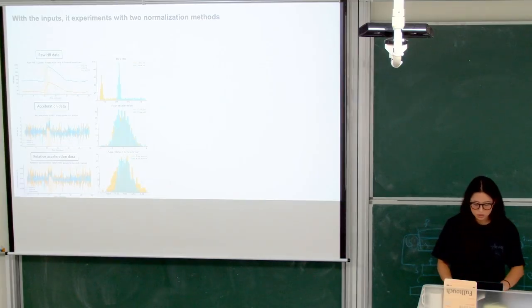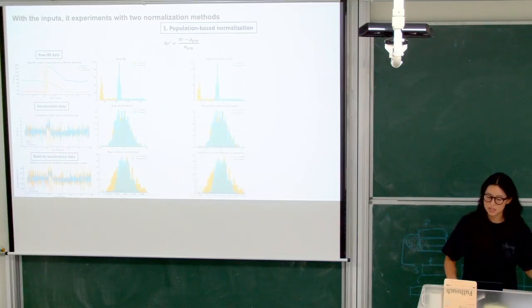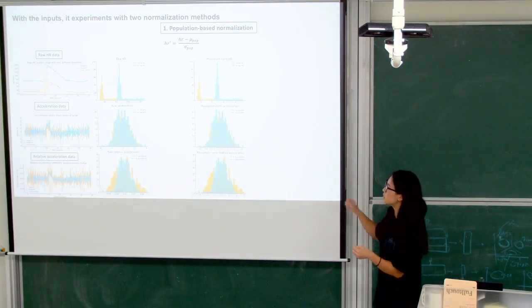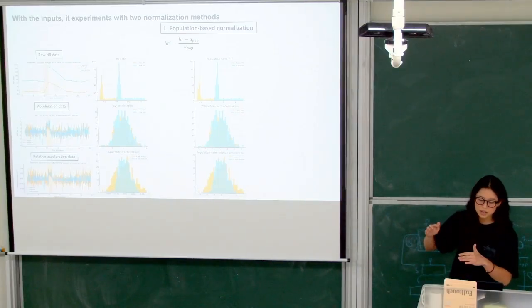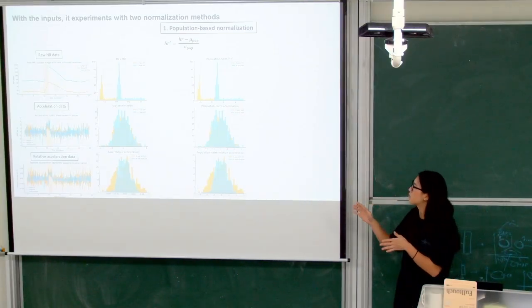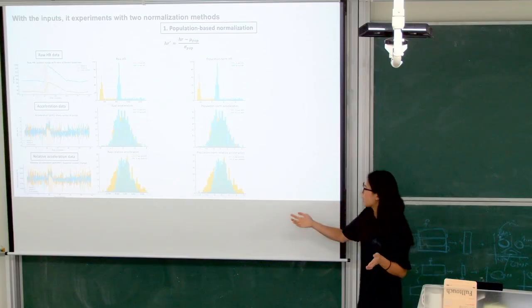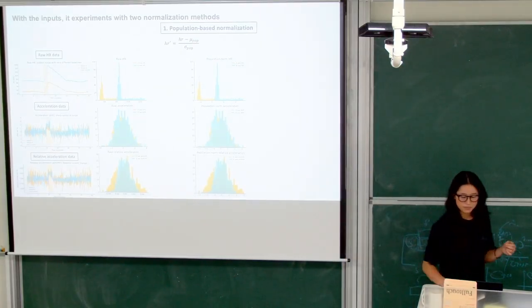A common normalization method is population-based normalization. You take the mean of everyone's heart rate, get the standard deviation for everyone's heart rate, and then you normalize. So it has the same pattern, but the scaling is just different.